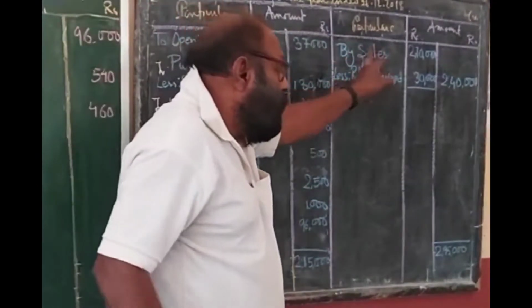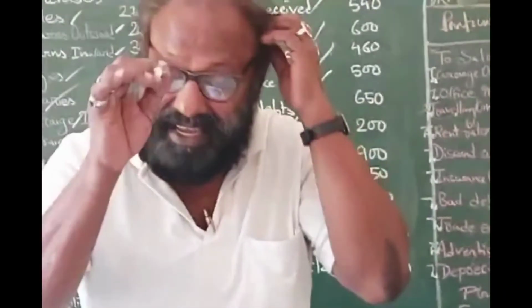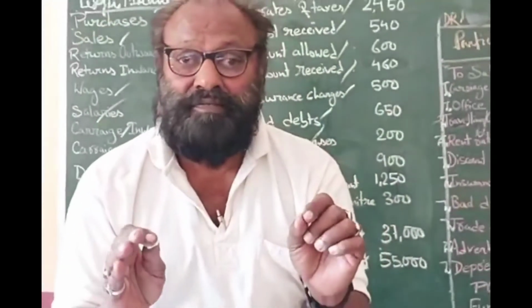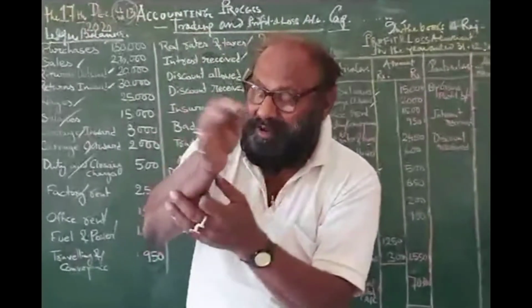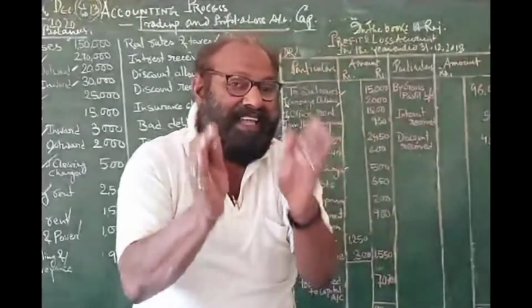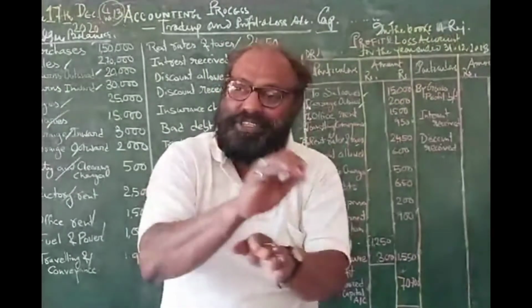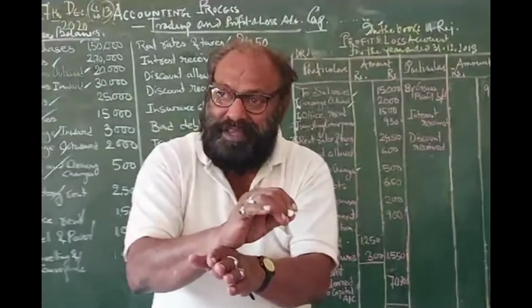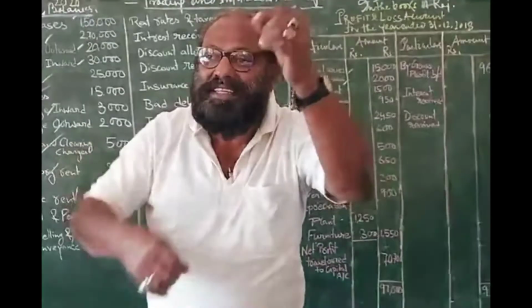What is one thing you please take into mind? The one I have not told, but here is the most important thing: the process of accounting, the process of ascertainment of profit, is nothing but matching the cost against the revenue. Are you getting me? Matching the cost against the revenue. Yes, I have generated amount, that is revenue.